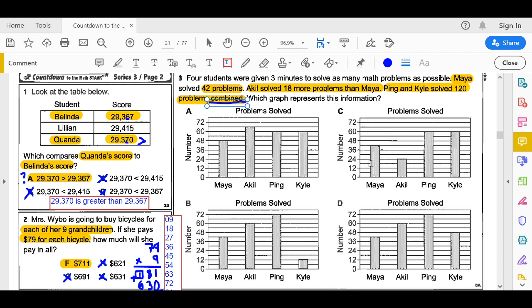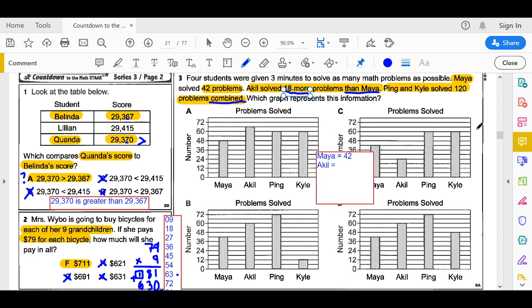So let me just make a table right here so I know what I'm doing here. I know that Maya has 42. Akil, it says that Akil solved 18 more than Maya. I'm using my pencil again just to make sure that I'm reading carefully.